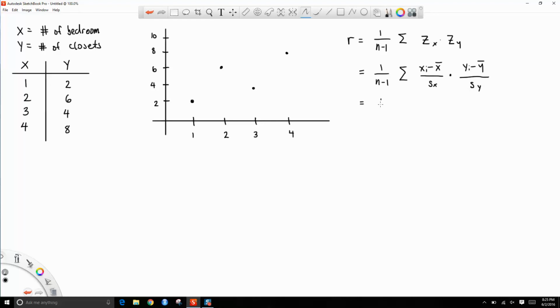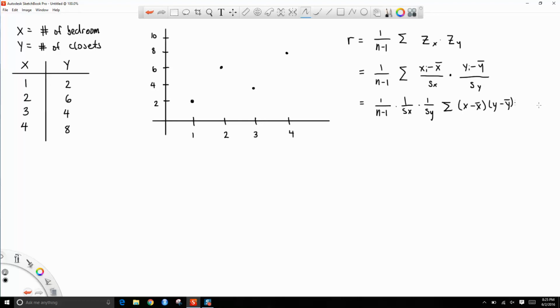So this is going to become 1 over n minus 1 times, and we factor out the standard deviation of x and the standard deviation of y, and now I just have the sum of x minus x bar times y minus y bar.